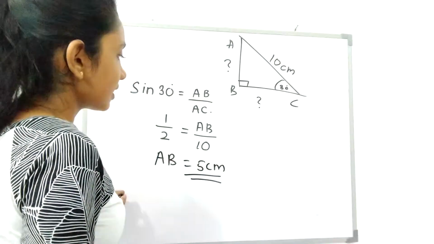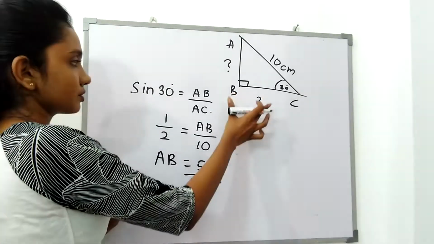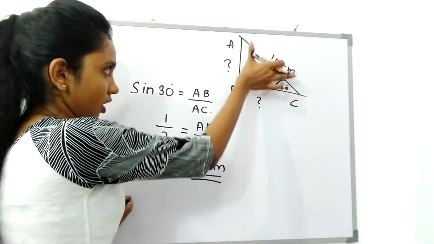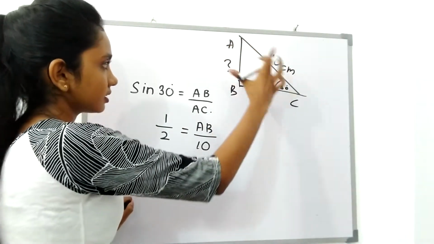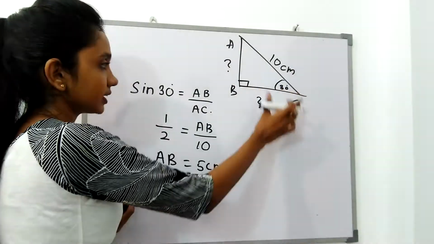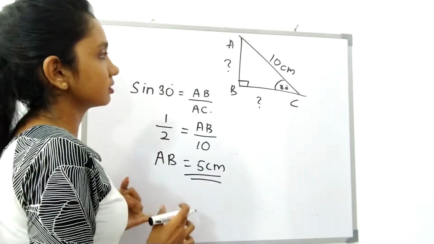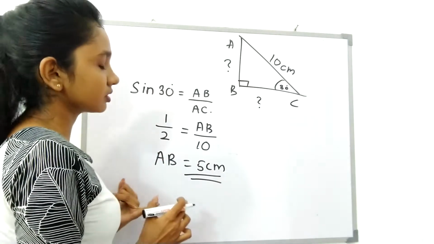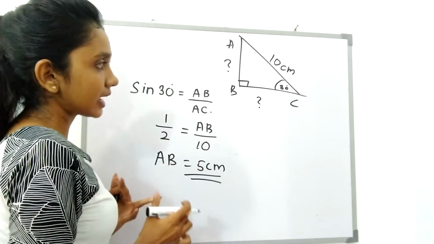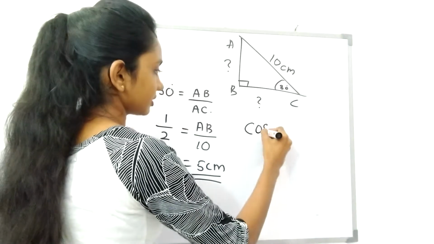Now we have to find BC. We know the hypotenuse and the opposite side, and now we have to find the adjacent side. So you can apply the cos 30 ratio, and you can apply tan also to find the length of BC. Let's apply cos 30.